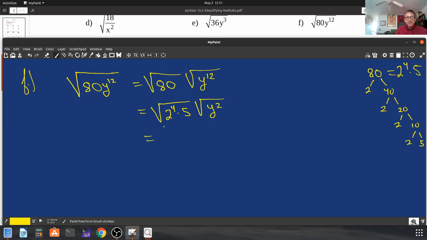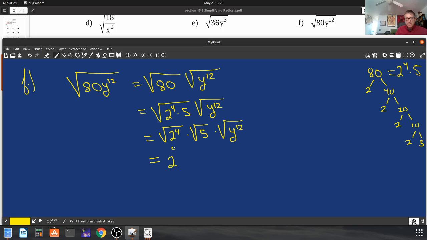You can take steps here. I'm just going to apply the product rule right now. I can simplify any of these factors that have even powers, and that's what I'm going to do right now.